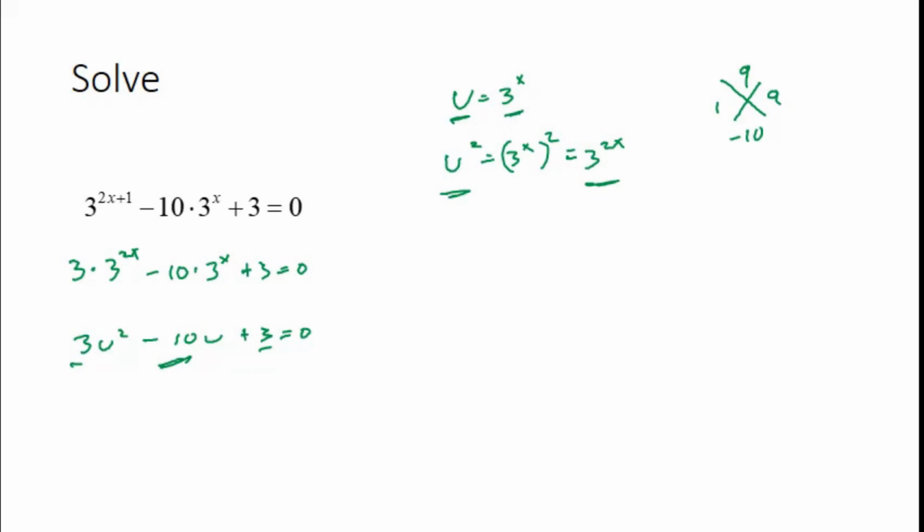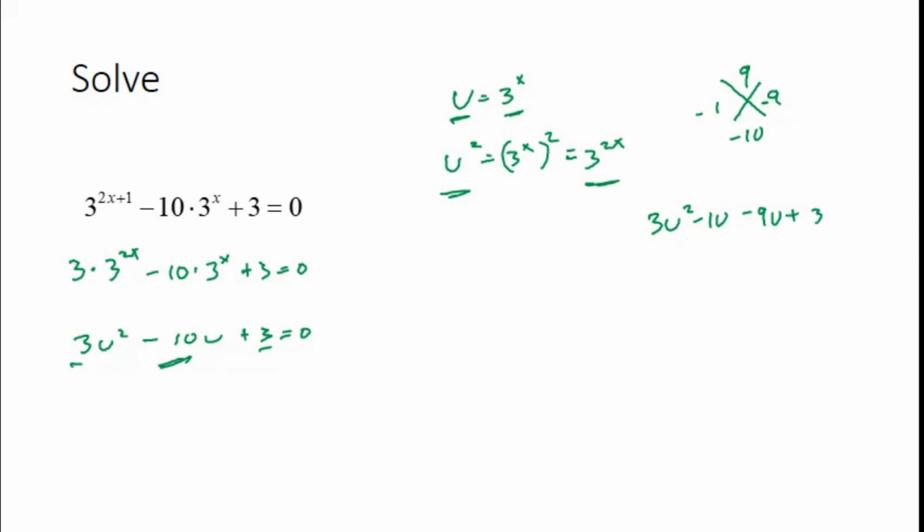And since the product has to be positive, they both have to be negative or positive. And since the sum has to be negative, then if they're both negative, then that works out fine. So this would look like 3u squared minus 1u minus 9u plus 3.